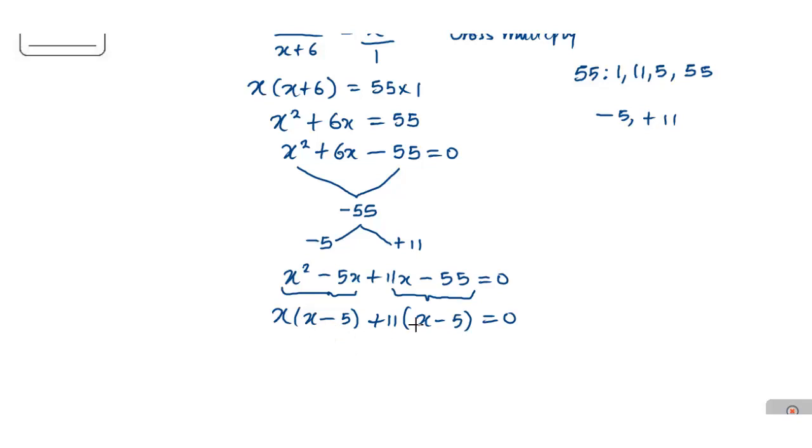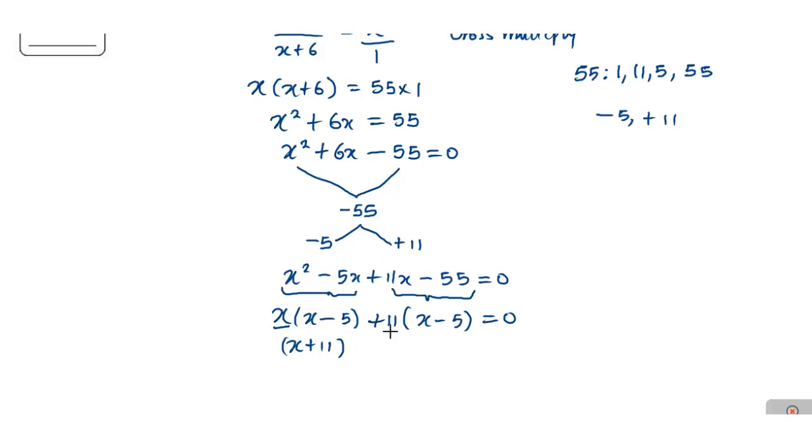Since there is a common term on this side and on this side, we'll just pick one of them. So we pick the coefficient of the common term to make a factor. So this one will now be x plus 11, in the sense that the common factor here is x minus 5 and x minus 5 here.